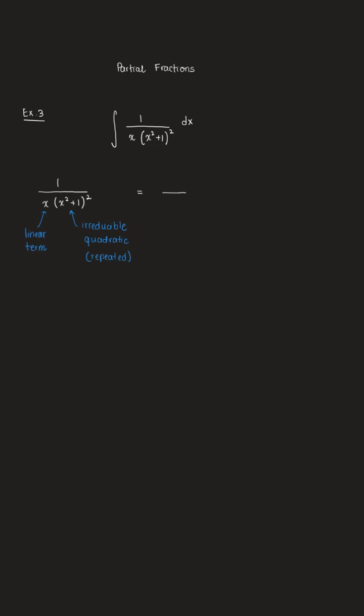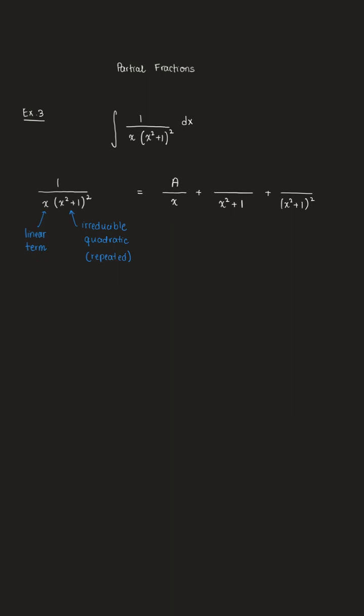We're going to need a fraction with x in its denominator. We're going to need another one that will have x squared plus 1, the quadratic, and another one that will have (x squared plus 1) squared because we have a repeated factor. When we have a linear term in the denominator, we just get a constant as a contribution in the numerator.